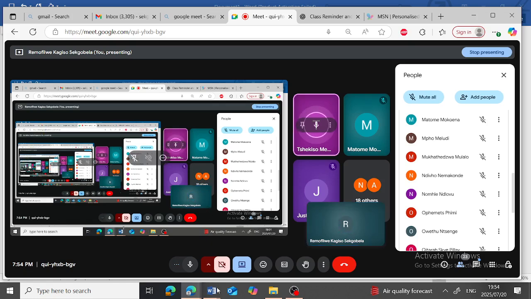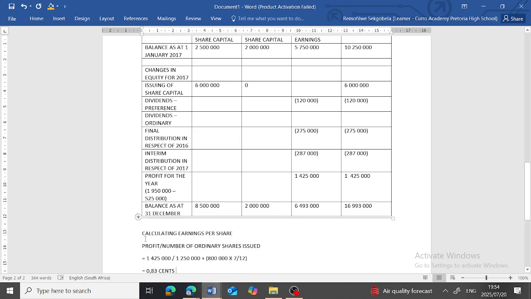Can you please explain EPS again? So the formula to calculate earnings per share will be our profit divided by the number of ordinary shares issued. How much is our profit? 1,425,000 divided by the number of shares that were issued during the year, which is the 1,250,000 at the beginning, plus the 800,000 shares that were issued during the year, times 7/12, because they were only issued on May 31, remember.